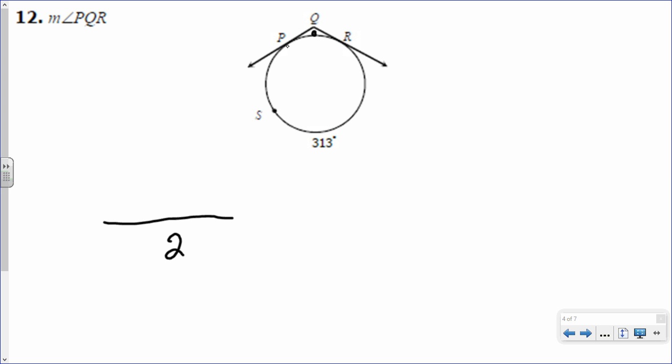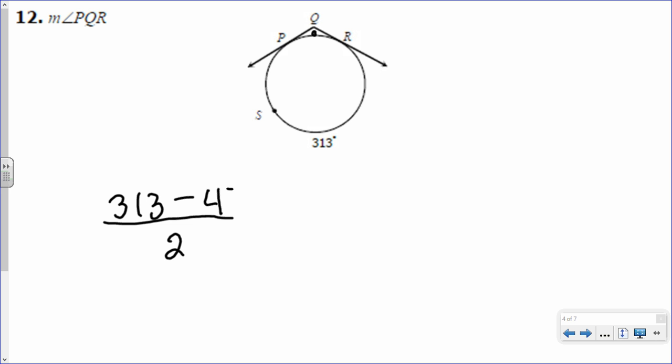We know the big arc PSR is 313. But they haven't given us the small arc. But again, if we know the entire circle is 360 and PSR took up most of it, and then PR is what's left, we do 360 minus 313, and we end up with 47.